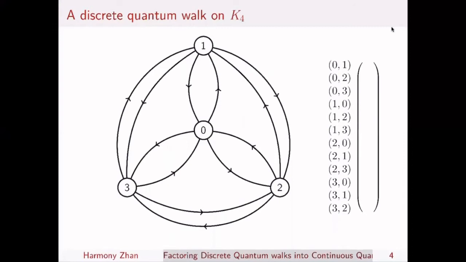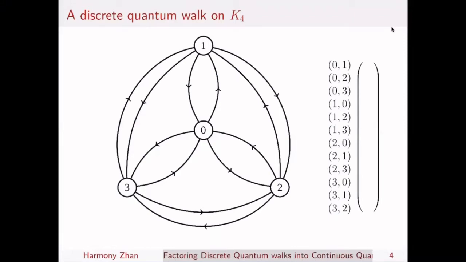Okay, so how should the quantum walker respect both unitarity and locality? Here's the solution. Instead of letting him work on the vertices of the graph, I'm going to let him work on the arcs. Here I draw my K4 a little bit unusually.